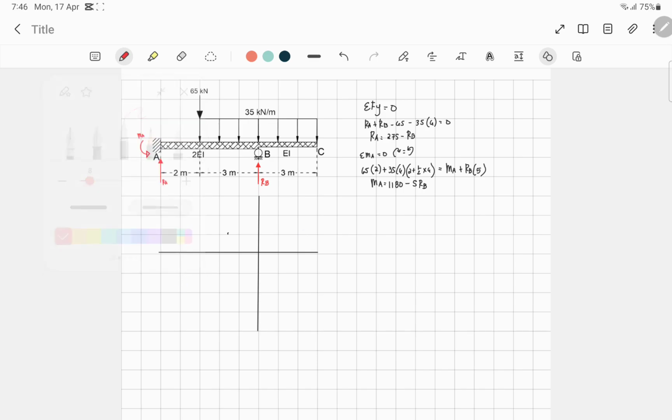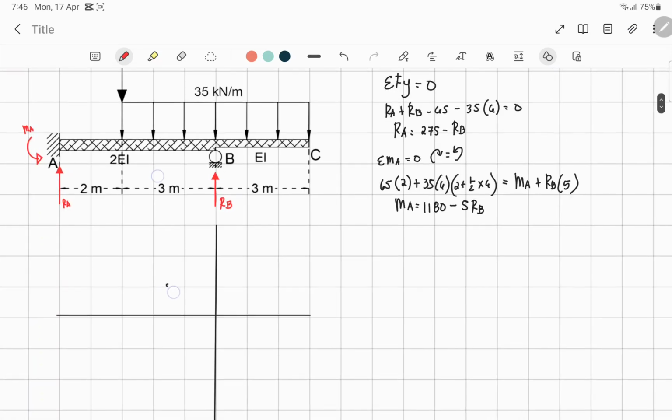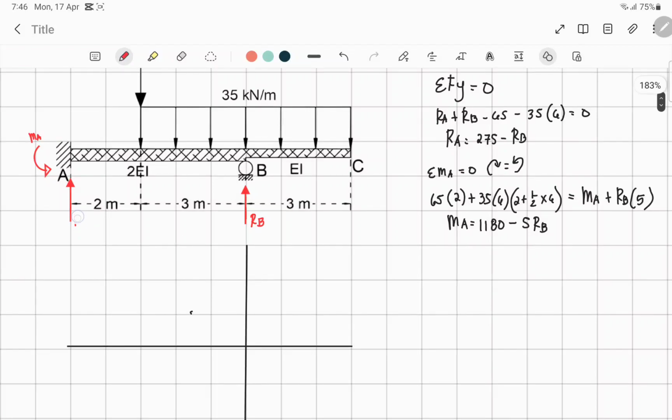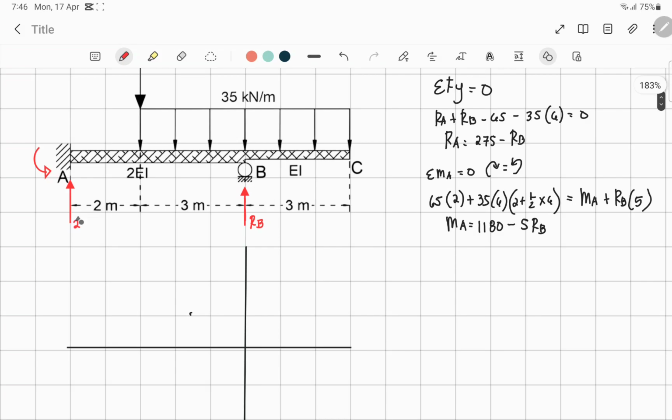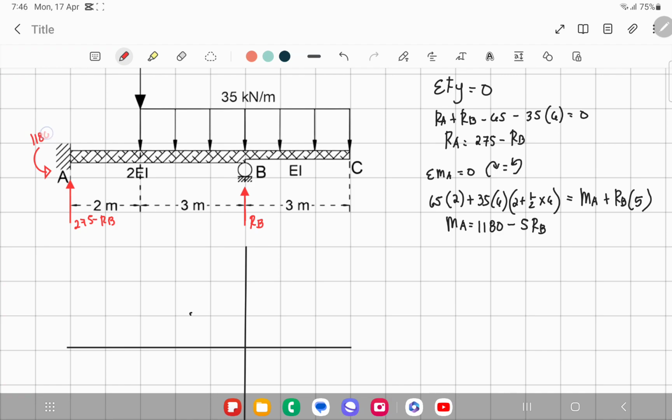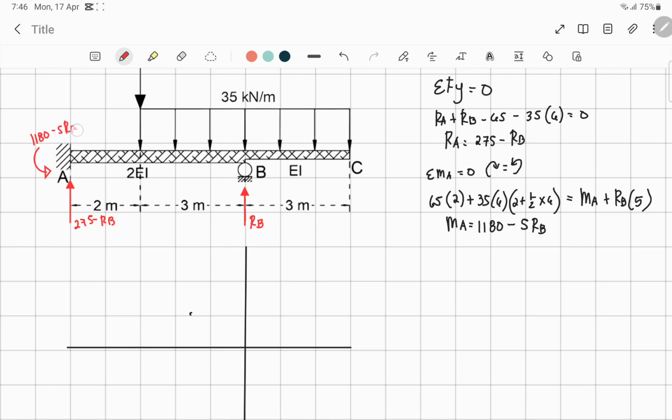Okay, so yan. So first is our RA or RB. Hindi ko napalitan, wait lang. Since in terms of RB na tayo, this should be 275 minus RB, and then 1180 minus 5RB.